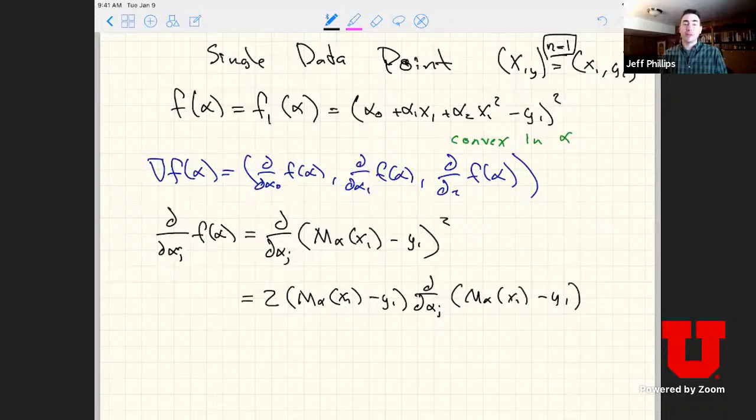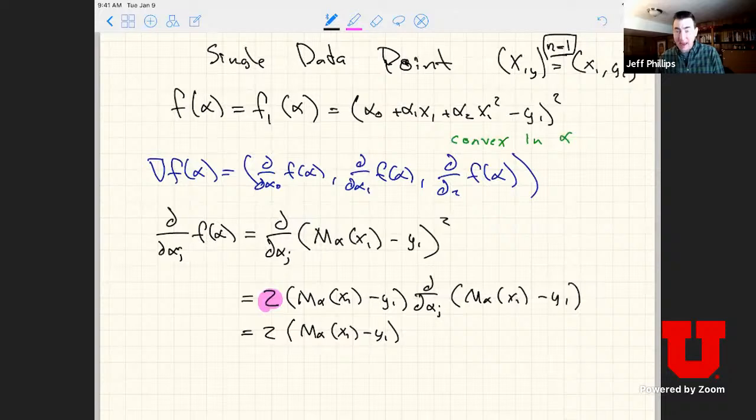Sometimes I'll write the sum of the squared errors with the 1/2 in front because they really care about the derivative and they don't want to carry this 2 around all the time. But this 2 is a constant factor. You can ignore it, absorb it in the learning rate, anything you want to do.